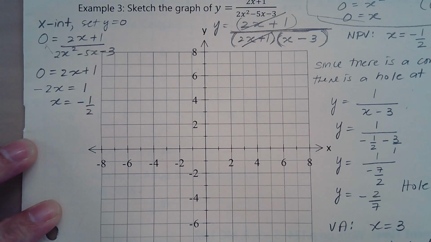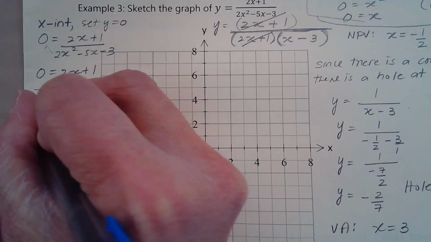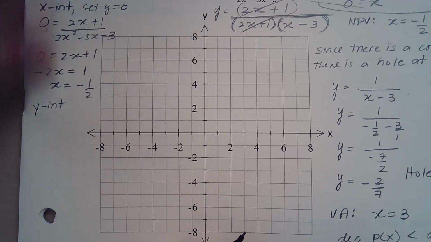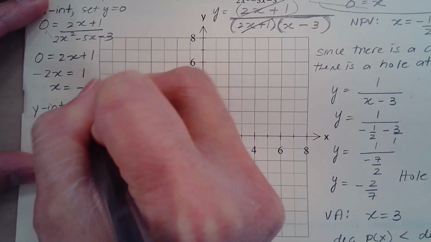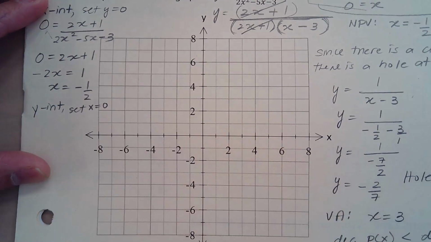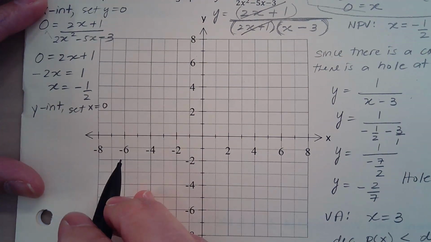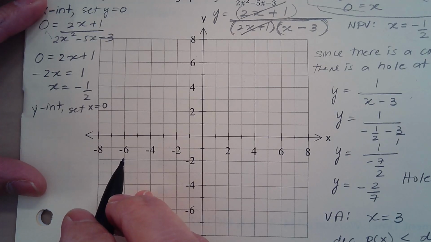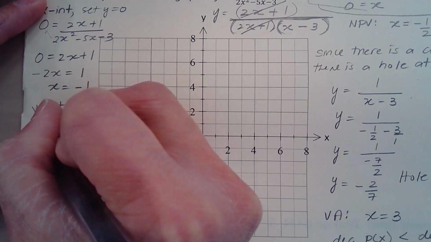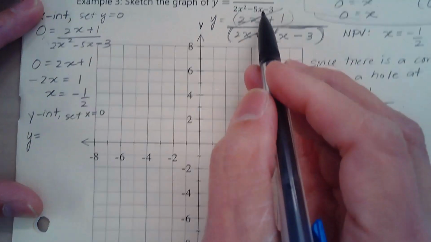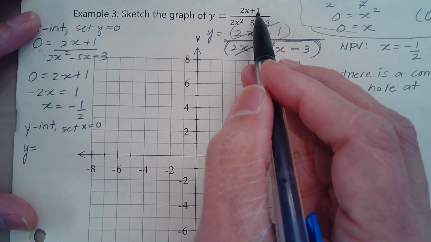What about the y-intercept? To figure out the y-intercept, we're going to set x equals to 0. So what's that equal to? Negative 1/3, right? So if we set x equals to 0, I'll just put it in here.